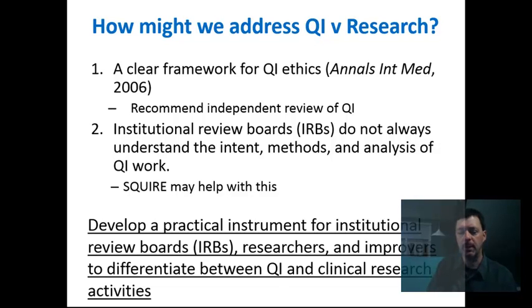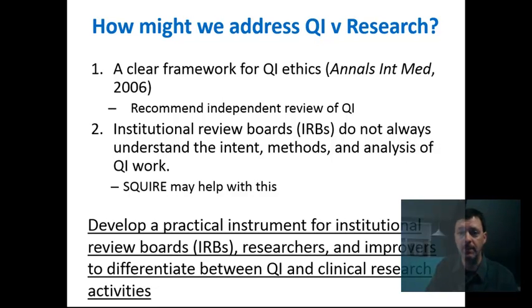We set out to develop a practical instrument for institutional review boards, researchers, and improvers to differentiate between QI and clinical research activities. And this was our aim. We worked on this from spring of 2009 through spring of 2012, starting with an expert panel and work with our institutional review board director here at Dartmouth College.